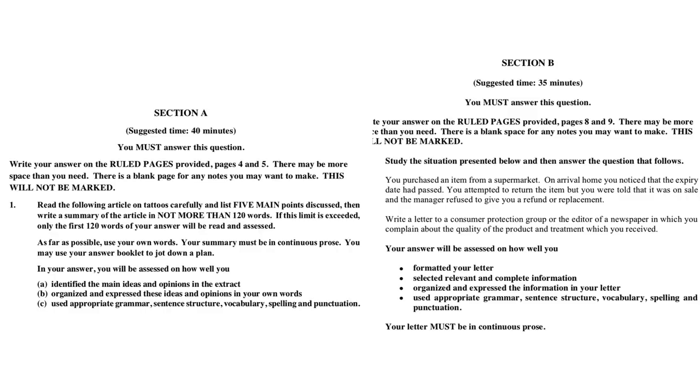So if you're going to complain about a product you bought at the supermarket, then you have to put in all the details in this letter that will bring out your case of this item that you bought at the supermarket. So the receipt number, the bill number, time and date of purchase, who you purchased it from, how much it cost, when was the expiry date. Don't panic when CXC doesn't give you that information. You have to make it up. And I know Caribbean students can lie well.